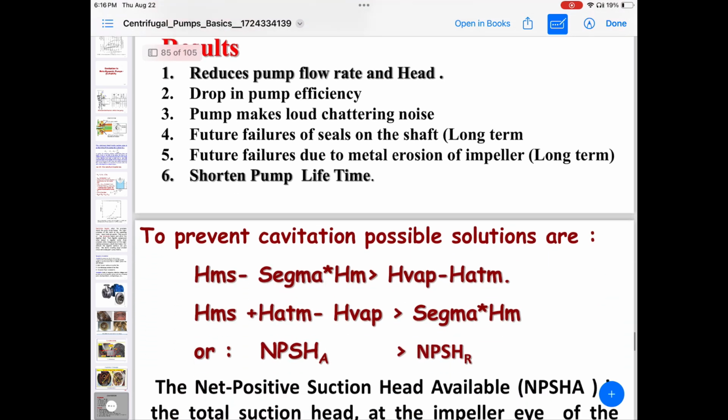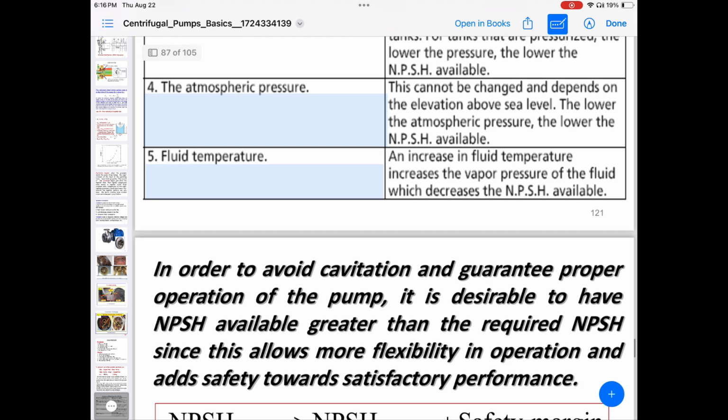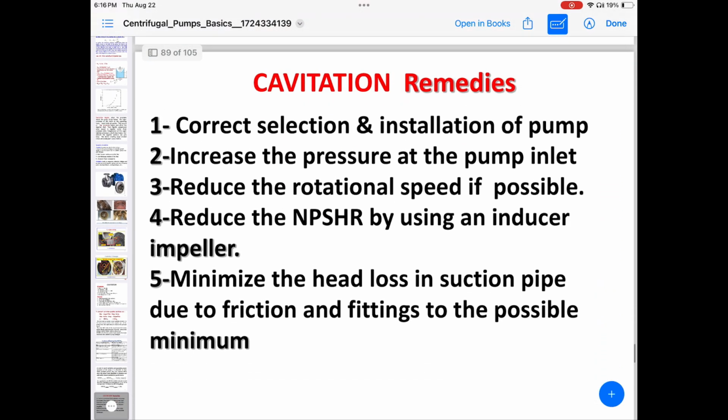These are some parameters in designing, for example.